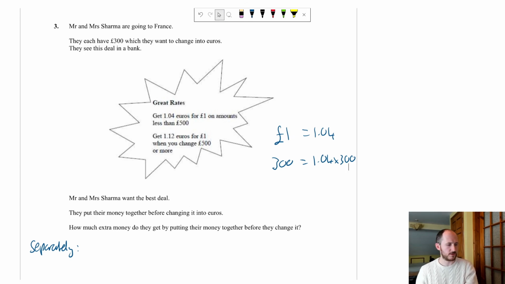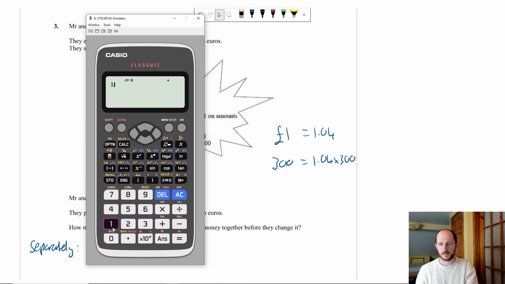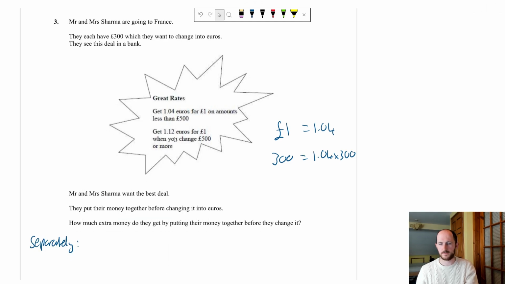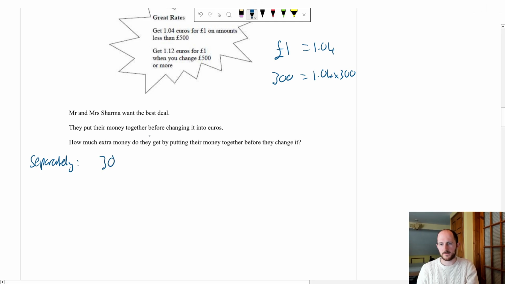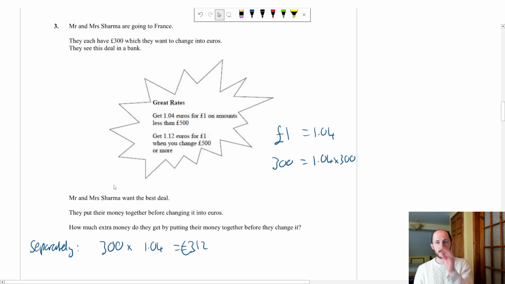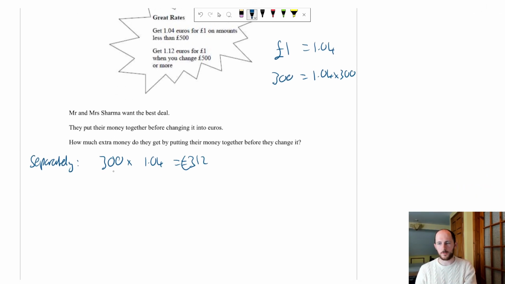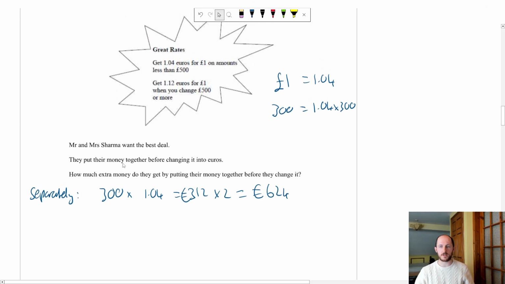I think it's just going to be 312 though. 1.04 times 300, 312. So 300 times 1.04 equals 312 euros, which is this symbol, I think. Now, because they do it separately, they don't just have £300, they have 600. But remember, they're doing it separately. So if we times that by 2, that will add on Mr. and Mrs. Sharma's. So that's 624 euros. That's how much they get if they don't put their money together.